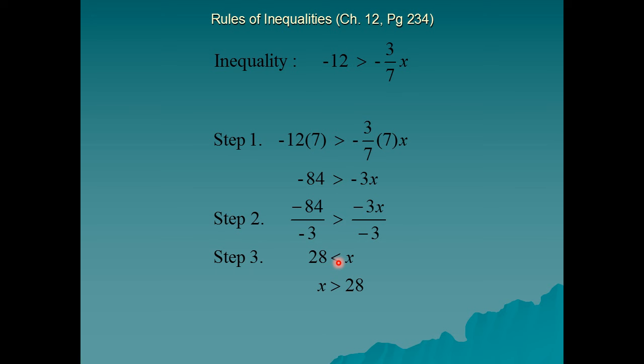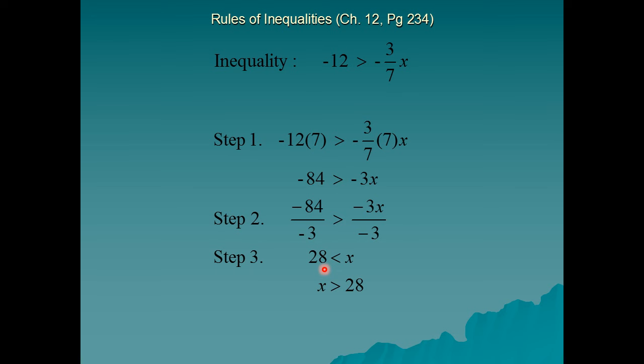Anytime you divide or multiply by a negative number, your sign will flip. Now you know the answer, right? So what is the answer? 28 is less than x. That means x is greater than 28, so any value of x which is more than 28 will satisfy this inequality.